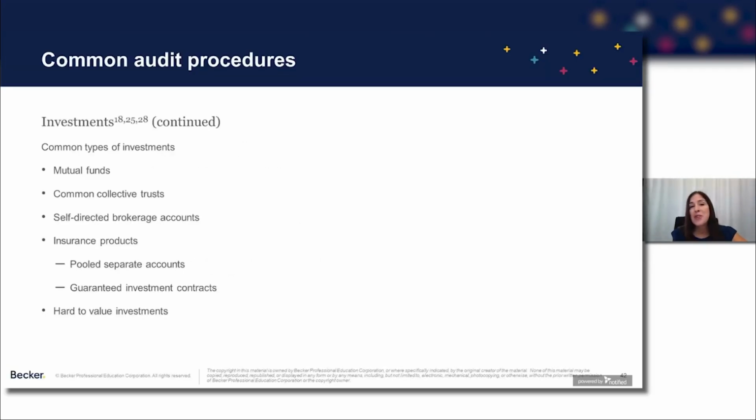We have to understand the different types of investments that are offered in that plan, regardless of whether it's a 103(a)(3)(C) audit or not. These are some of the common types of investments that you may encounter in your EBP engagements, with your mutual funds probably being the most common type of investment that you'll encounter.